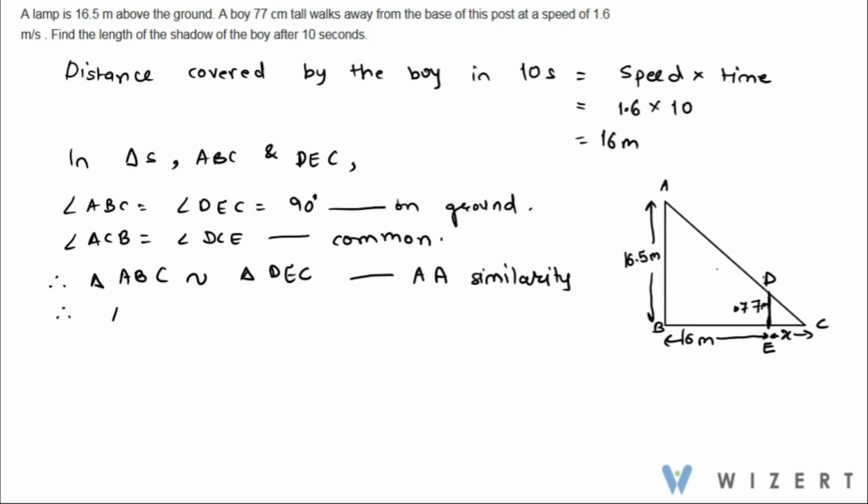Therefore DE divided by AB is equal to CE divided by BC. So we have DE equal to 0.77 meters and AB equal to 16.5 meters, CE equal to x meters and BC equal to 16 plus x.